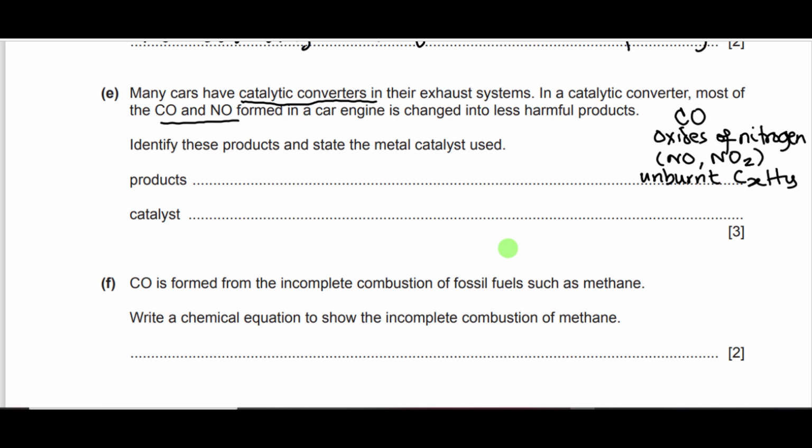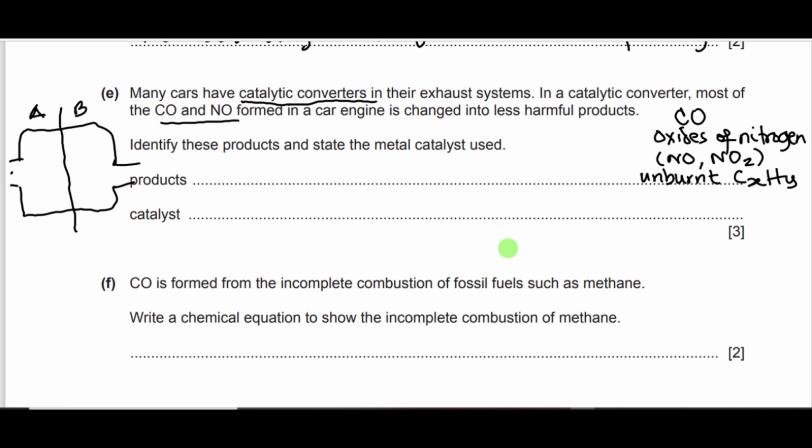So these are commonly the 3 substances that move from the engine into the catalytic converter. The catalytic converter is made up of 2 chambers, something like this: chamber A and chamber B.